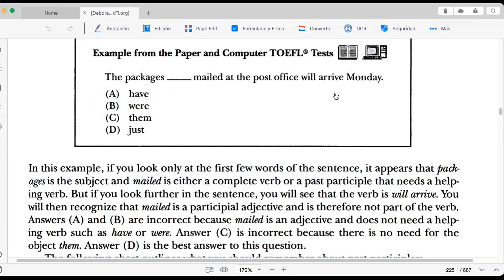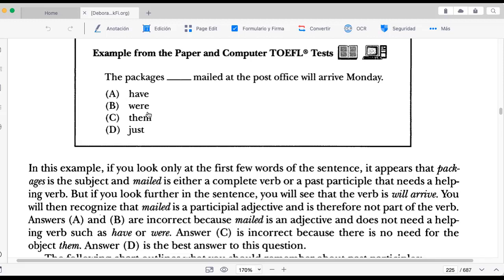Check, my friends. Will arrive, it will be the verb. So in this case, we are looking for a word that helps us to put it in adjective form, okay? Have is a verb. You can use it like an adjective only if you are saying having, okay?